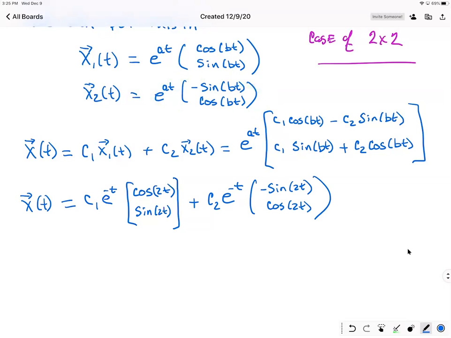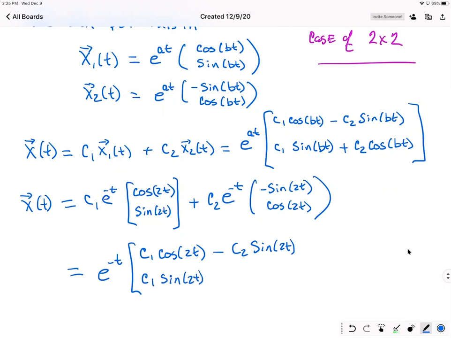Or we could just write them together, which is the way I learned to do it. e to the minus t times c1 cosine of 2t minus c2 sine of 2t. Again, these are all equivalent, just different flavors of writing it. And then c1 times sine of 2t plus c2 times cosine of 2t.